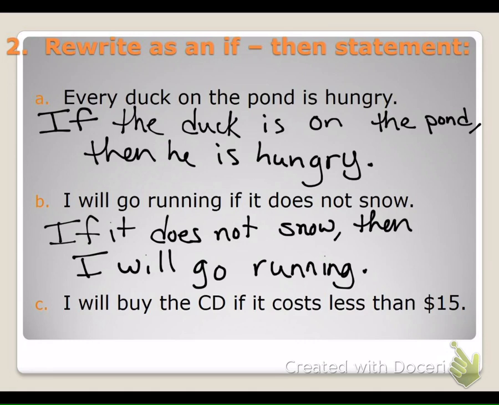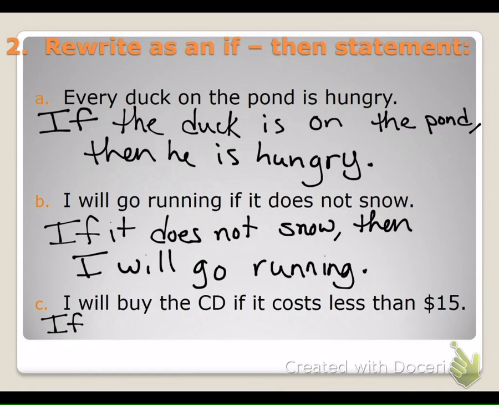I will buy this CD if it costs less than $15. So if the CD costs less than 15. Yes, so this is one where you kind of switch the wording around. You usually don't say like if it's less than if you haven't established what the it is.